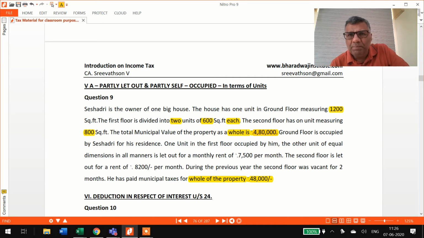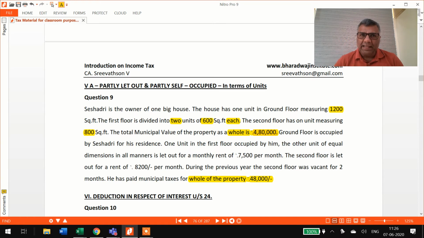That is 1 unit in the first floor and the second floor. This only I need to work out. I need not work out for the ground floor and 1 unit of the first floor because both are self-occupied. NAV is nil. So I will divide the MV. I have the actual rent.